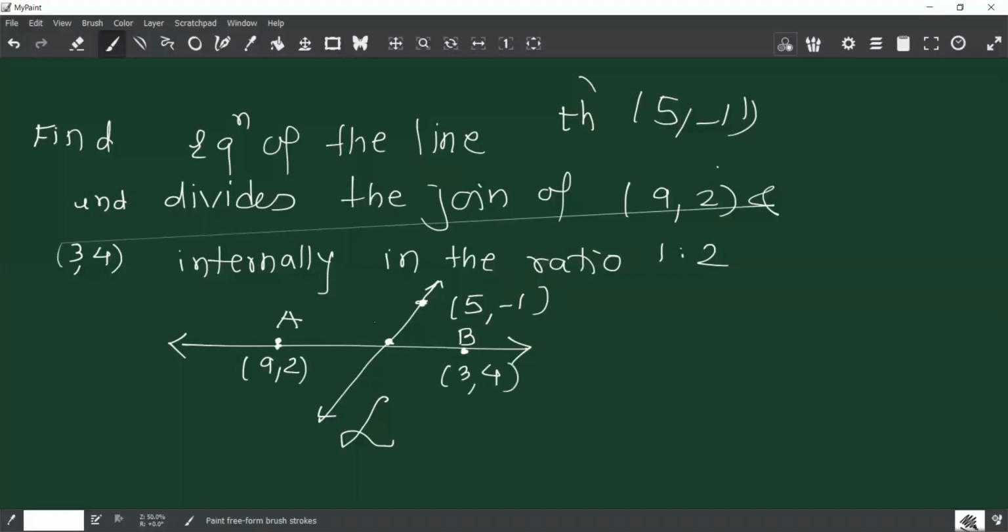So our line at point P divides AB internally in the ratio 1:2. And say this is point Q. So you have to get the equation of line PQ. Can you try please?